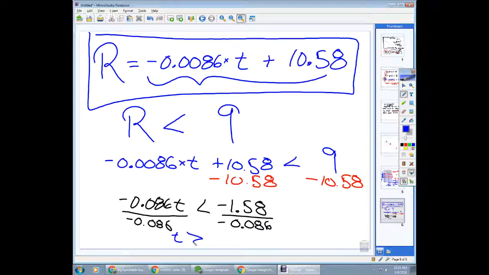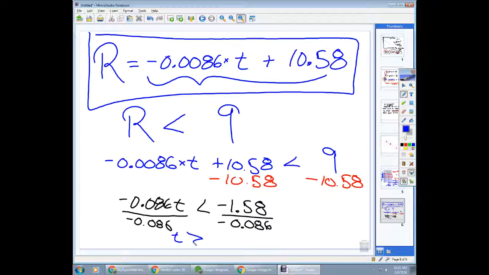Whip out a calculator: that's 1.58 divided by 0.0086. Some got 18.3, but I got 183.72, so you must have missed a decimal somewhere.